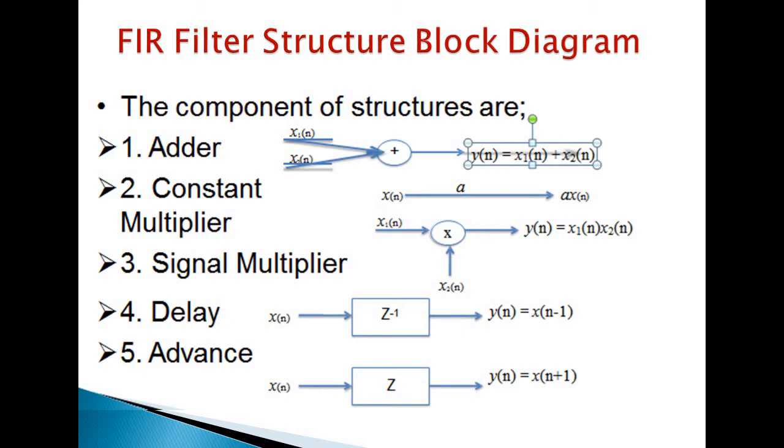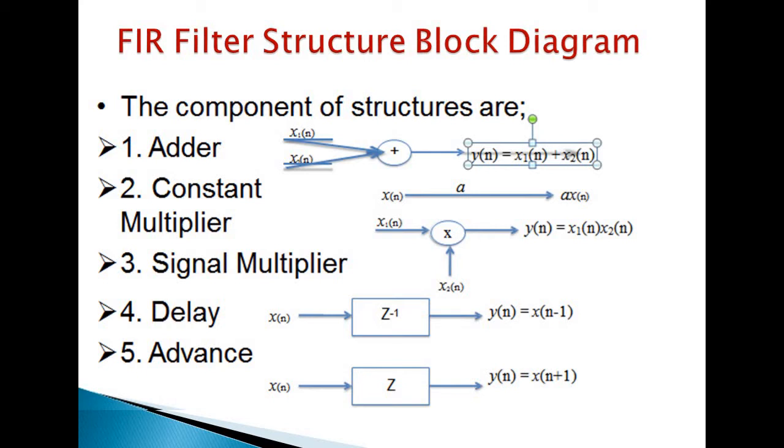This is the symbol for the adder. Suppose two inputs are there, x1 of n and x2 of n. Then the output y of n is x1 of n plus x2 of n. Then the constant multiplier: x of n with constant a gives the output a into x of n.